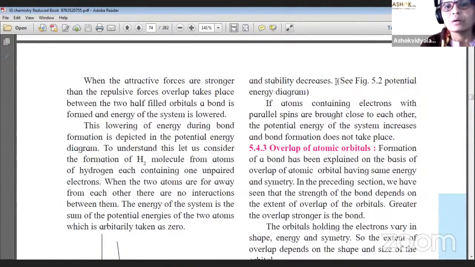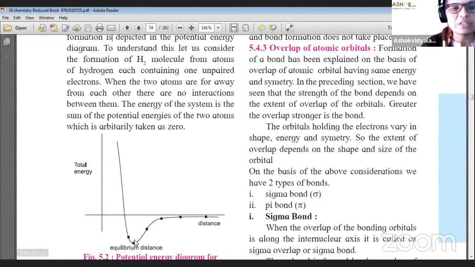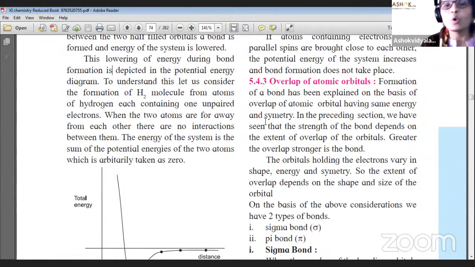See, we have discussed this diagram, and in this, when the distance is less, at that time overlapping takes place. Overlapping between the atomic orbitals is of different types. Formation of a bond is nothing but the overlapping of atomic orbitals having half-filled electrons with opposite spins.